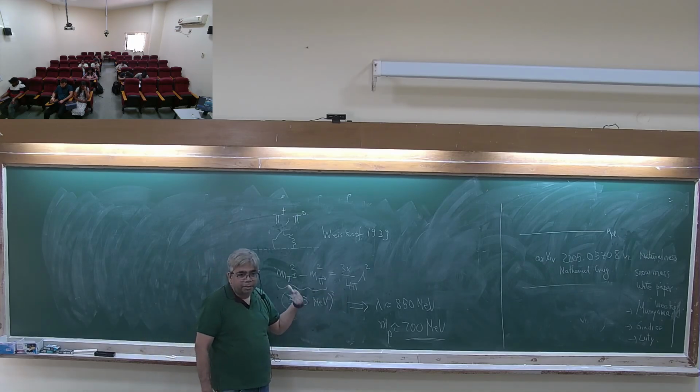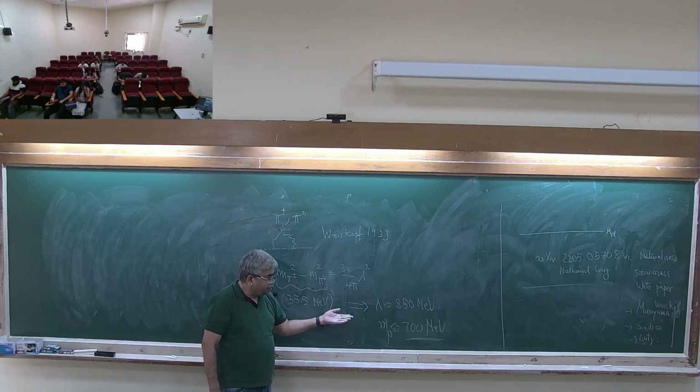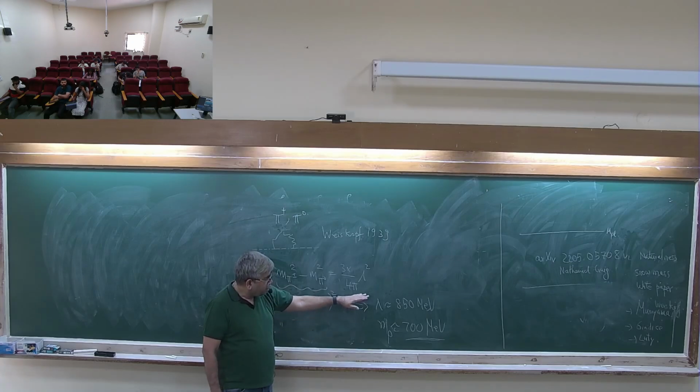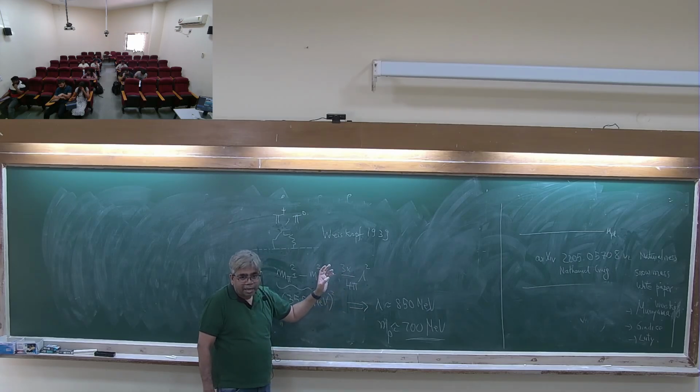I am trying to tell you where the naturalness argument holds. This is the scale. If you know the left hand side very well, you can say what the right hand side is. You can actually use Weinberg sum rules and everything and get this. Instead of this, you can write explicitly what the right hand side is, and then check that this works, and it actually works.